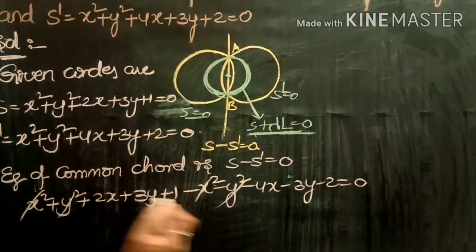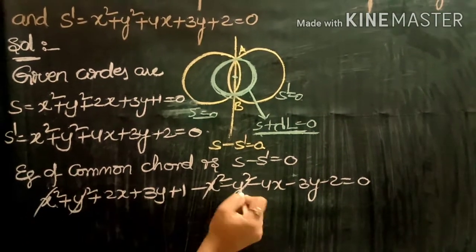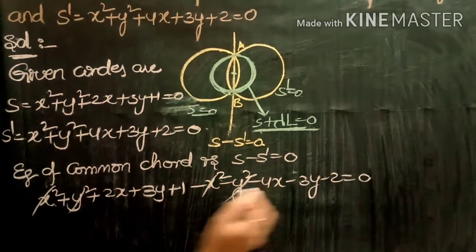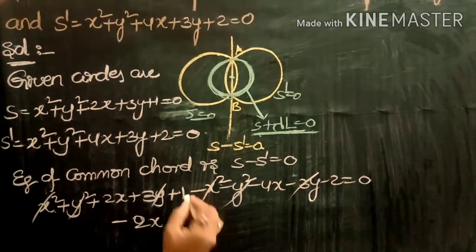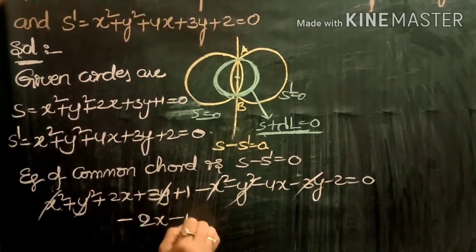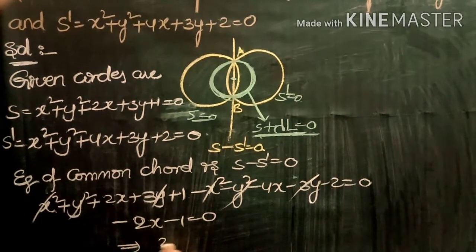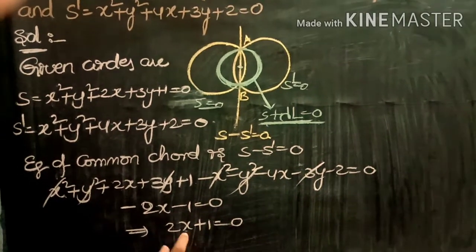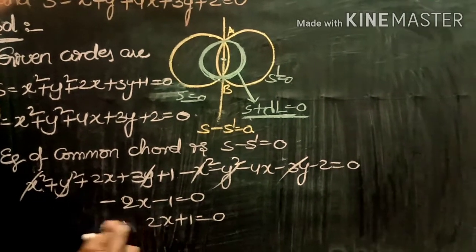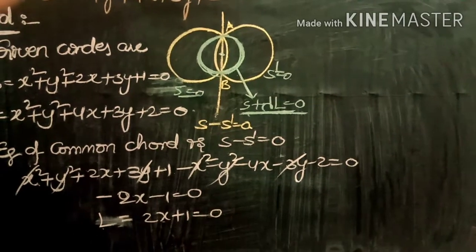Here x square minus x square and y square minus y square get cancelled. 2x minus 4x is minus 2x, 3y minus 3y gets cancelled, 1 minus 2 is minus 1, equal to 0. Cancelling the minus sign, we get 2x plus 1 equal to 0. This is the common chord, which is taken as L. So the equation of L is 2x plus 1 equal to 0.